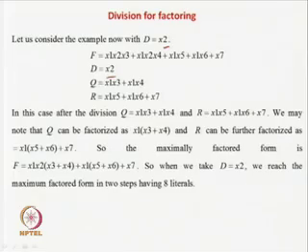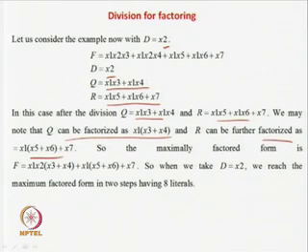Now we take another example with d equal to x2. If you take d equal to x2 and do the division, you will find the quotient is this and the remainder is this. After the division, this one is the quotient, and we may note that q can be factorized and r can also be factorized. So now you have reached a situation where q can be factored and r can also be factored.